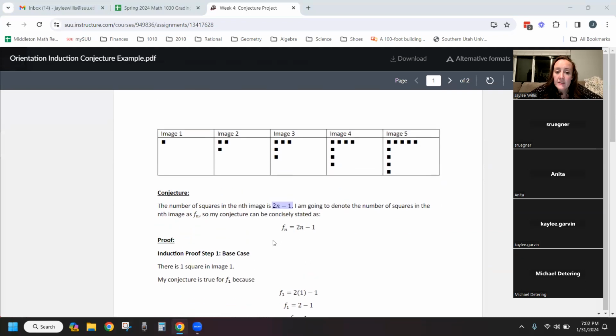And we can state it concisely with this algebraic notation. If I say that the number of squares in the nth image is going to be represented with this symbol, it's basically a shorthand way of writing the conjecture that I wrote in English words right here. Is everybody good with that notation? The way that you read that out loud is f of n or f sub n.